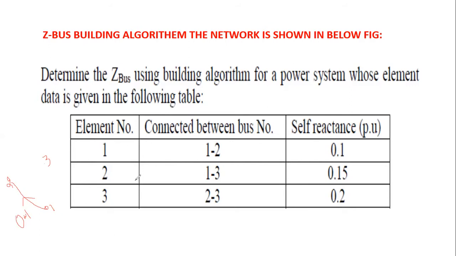Next, element 2 is added between the first bus and the third bus, 1 to 3, so the direction is like this.